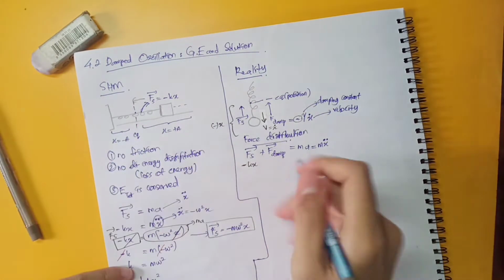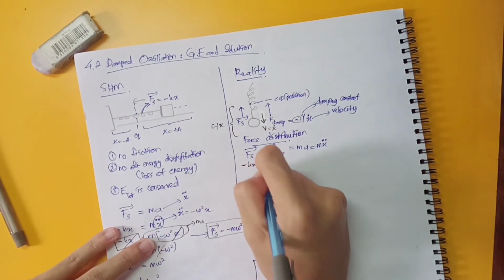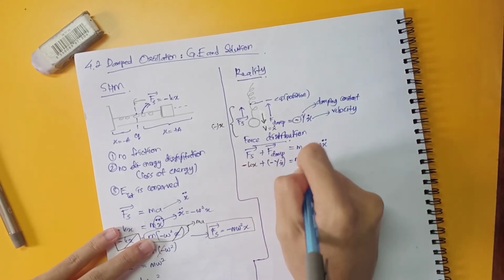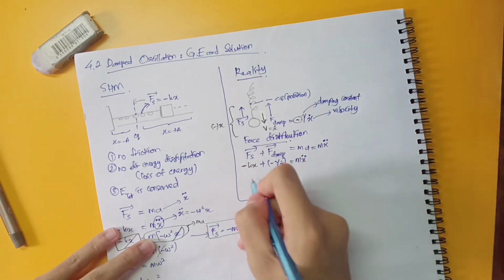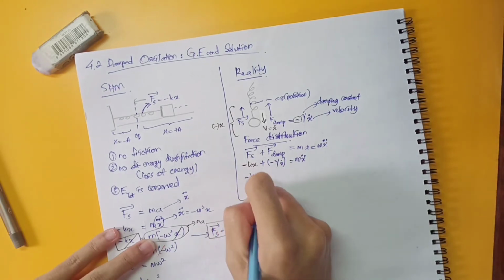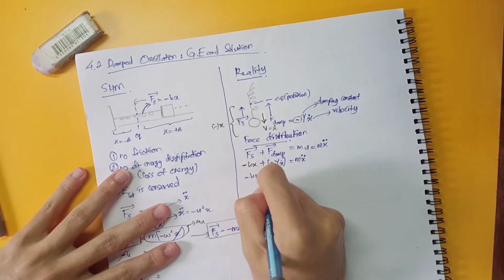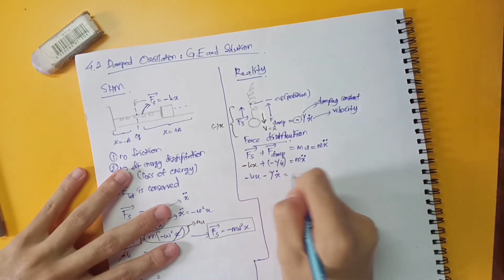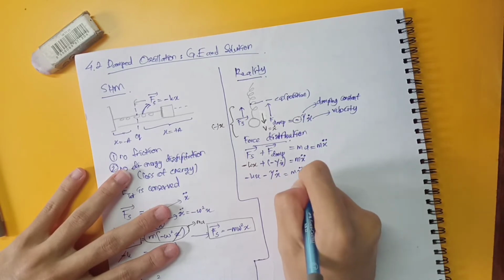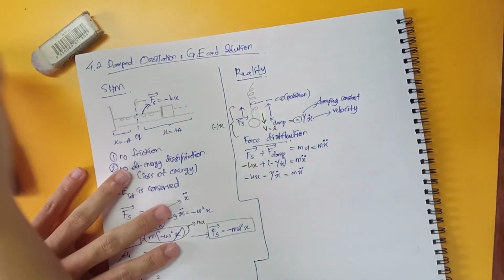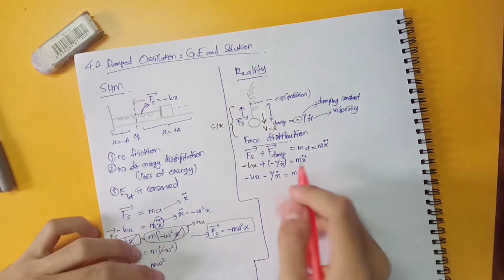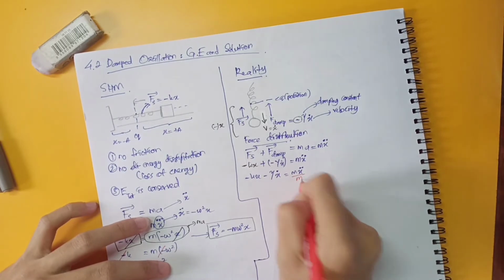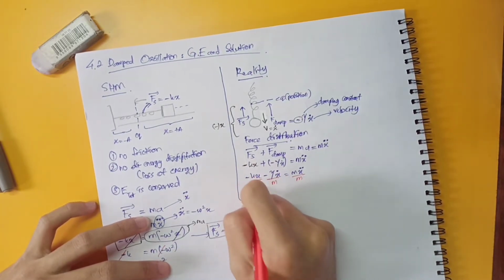So finally we get that negative kx minus gamma x single dot is equal to m x double dot. Then we divide each of these equations by m, because we want to remove m.